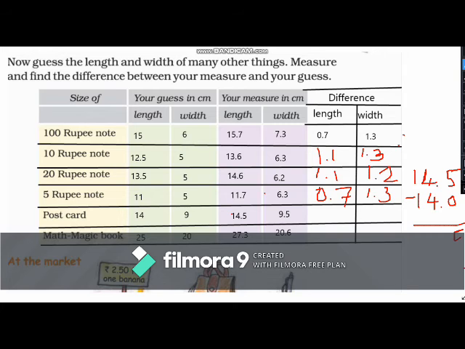So 5 minus 0, 5. 14 minus 14, 0. So 0.5 is the difference in our measure and in our guess of the postcard in length.